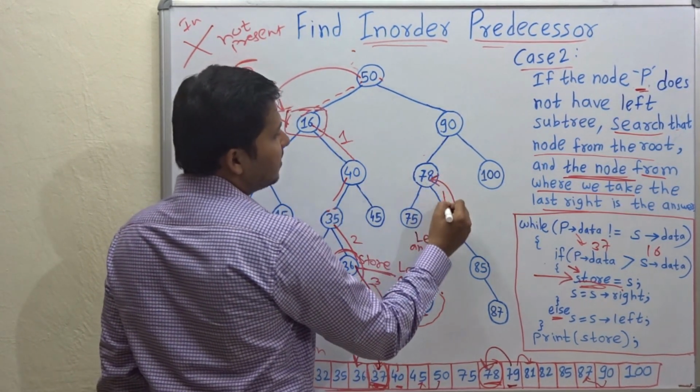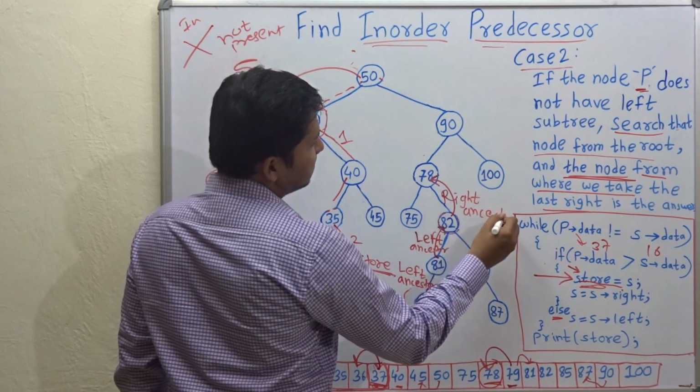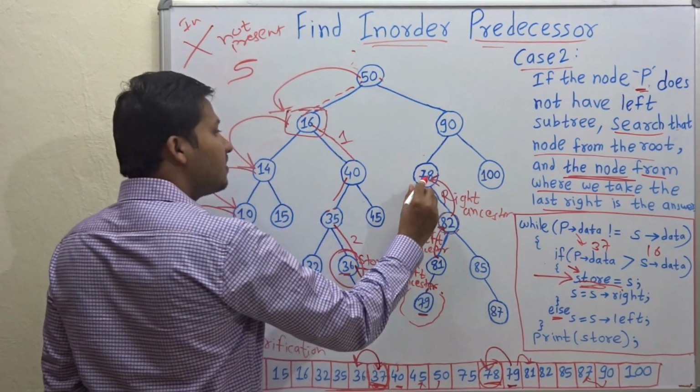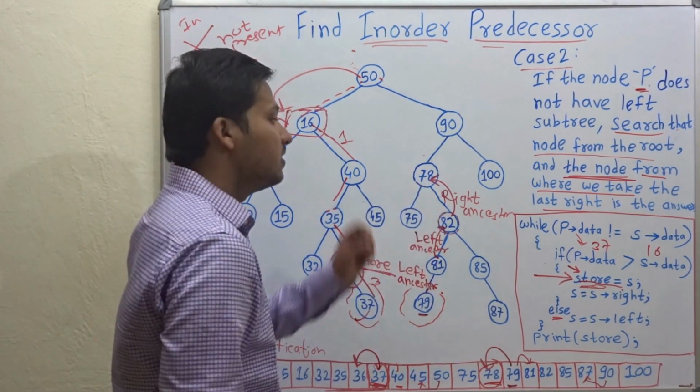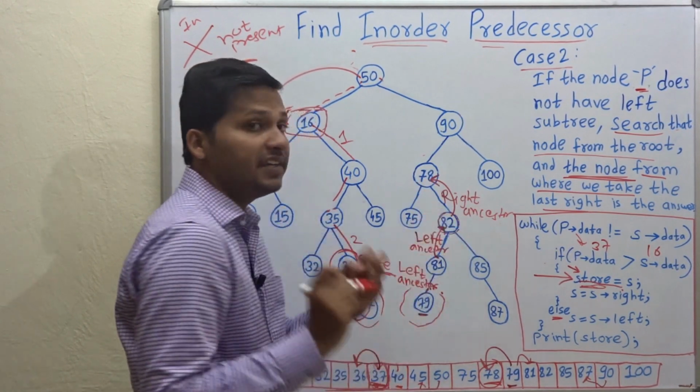Yes, now this is the right ancestor. Right ancestor means 82 is the right child of 78. That is why 78 is the right ancestor of 82.